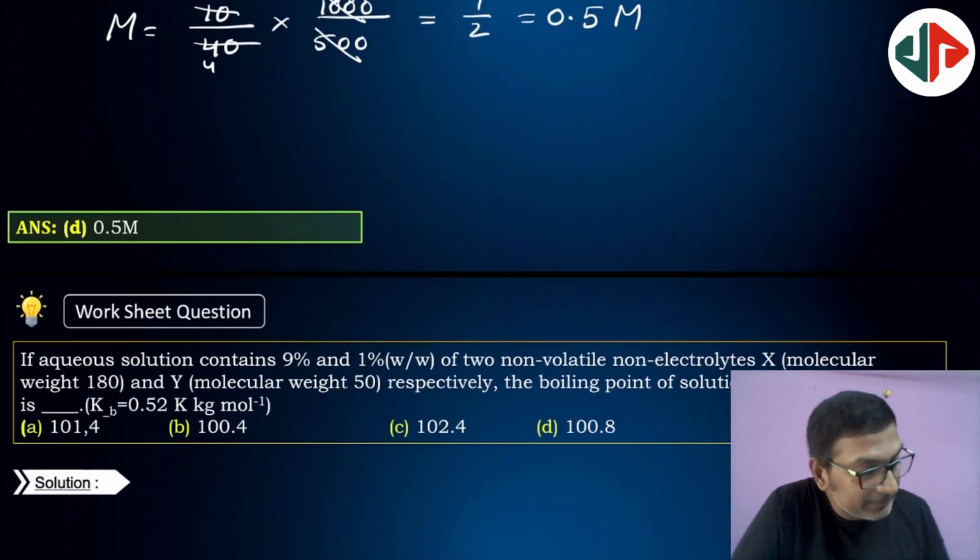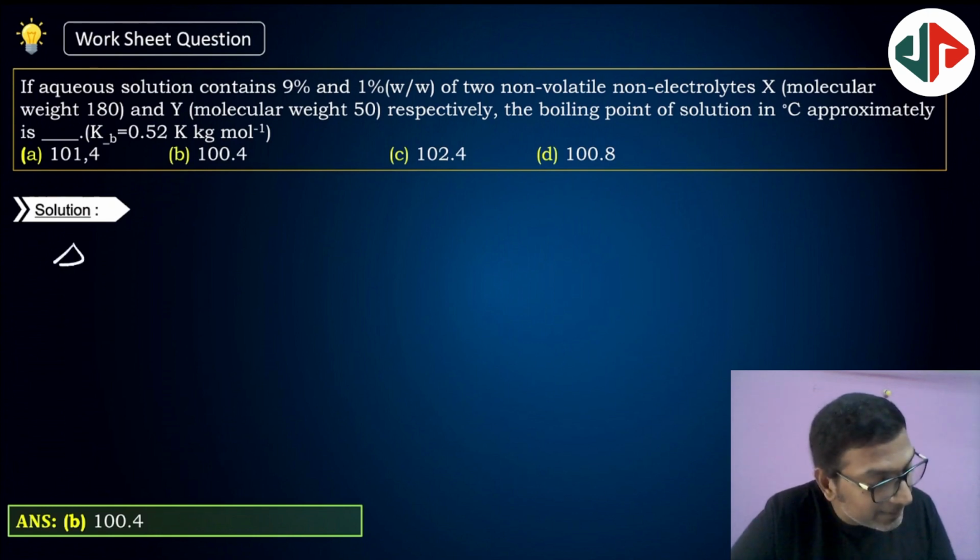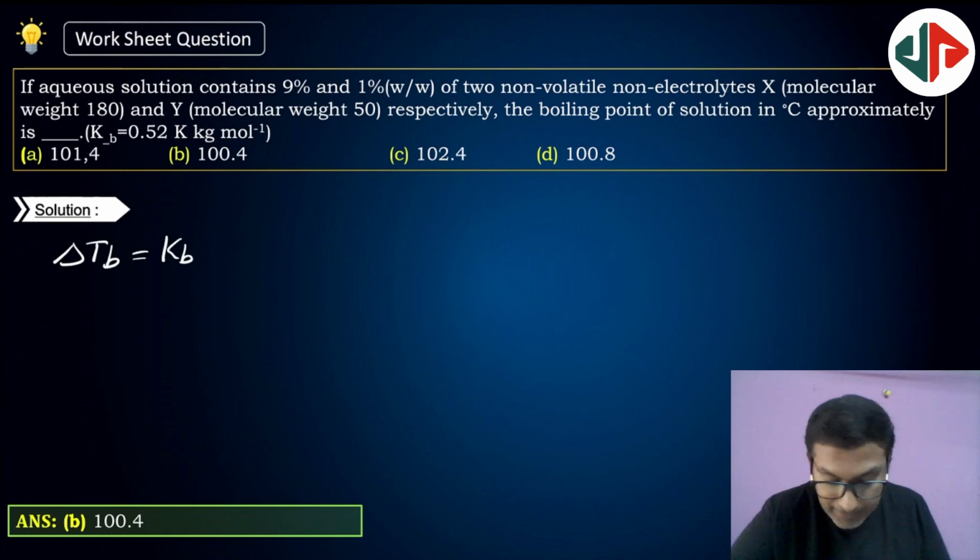Next question. If aqueous solution contains 9% and 1% of two non-volatile non-electrolytes with molecular weights 180 and 50 respectively, boiling point of solution. So that is delta Tb first. Elevation in boiling point equals Kb into molality. So in place of molality we can write number of moles into 1000 by weight of solvent.